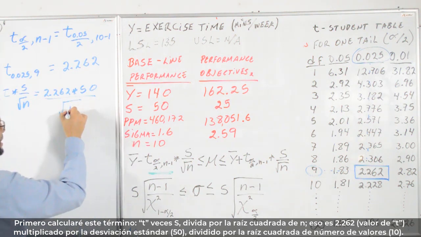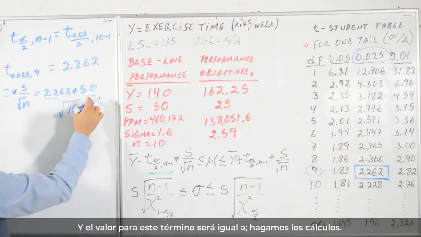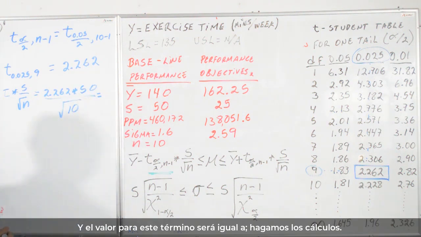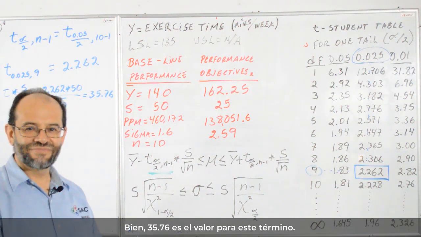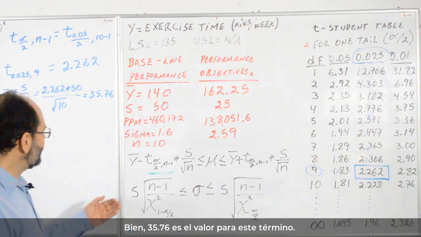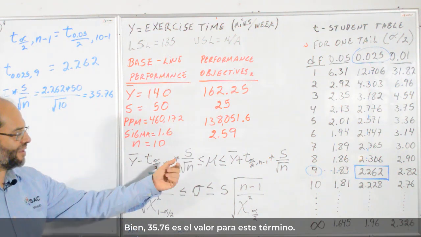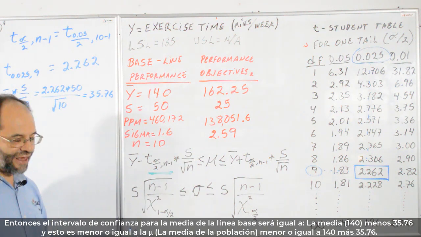Number of values is 10. Then the value for that term is going to be equal to, and let's do the calculations, 35.76. That is this term.